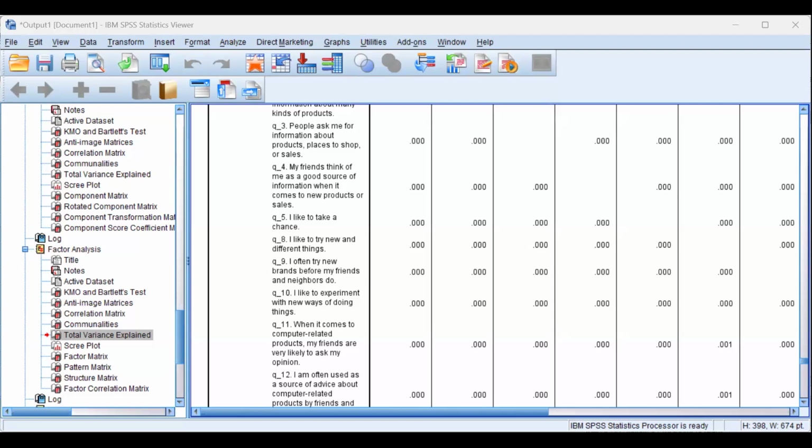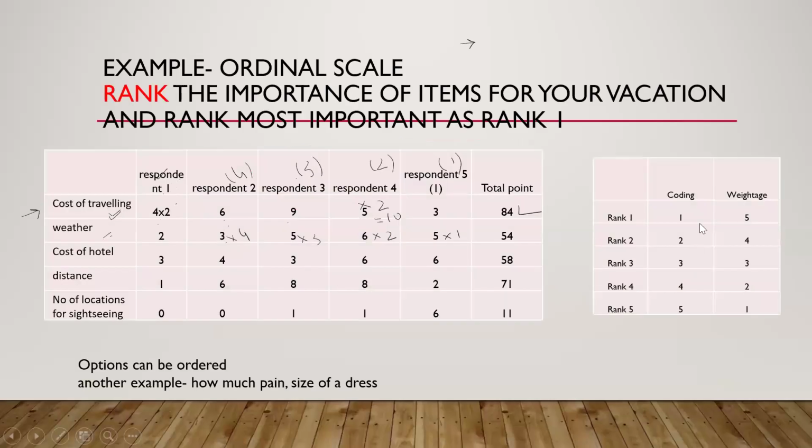Ma'am, we can see only the output sheet. I'm sharing the same. Let me share it again. Now, can you see? Yes. Yeah.